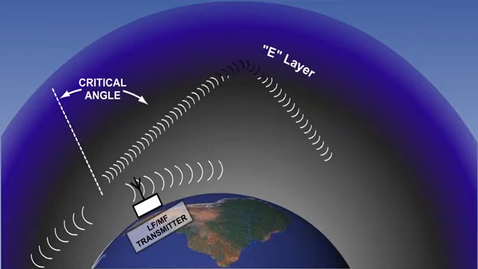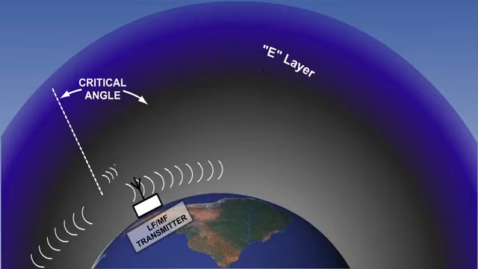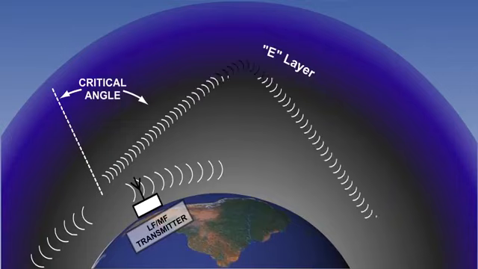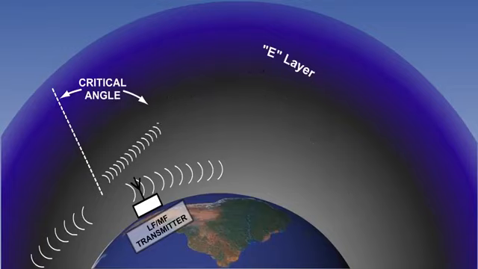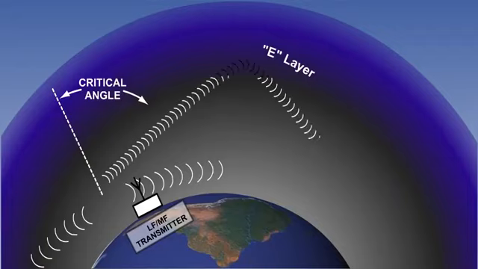Ionization levels are lower at night, and generally the frequency used is half that used during the day. Otherwise, the radio wave would have too much energy and would travel straight through the ionosphere. High-frequency transmissions suffer badly from static interference and are unpleasant to listen to for a long time.